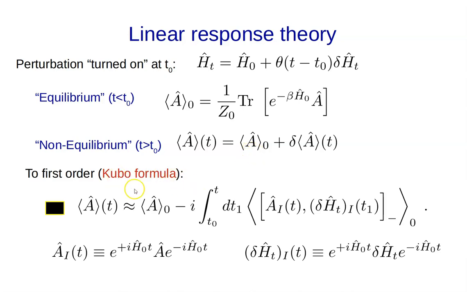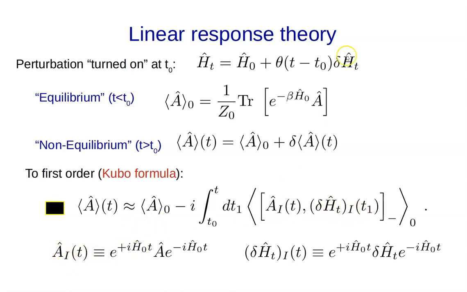So what we're going to derive now is the so-called Kubo formula, which gives precisely the expression for this in terms of delta H up to first order. And it turns out that this correction is a correlation function between A and delta H, both written in the interaction picture.